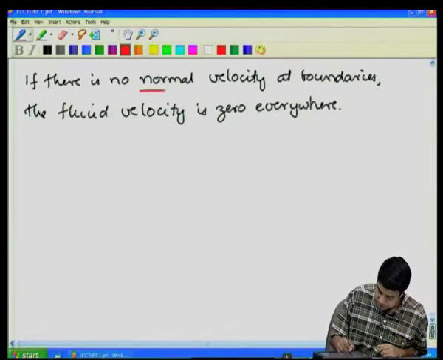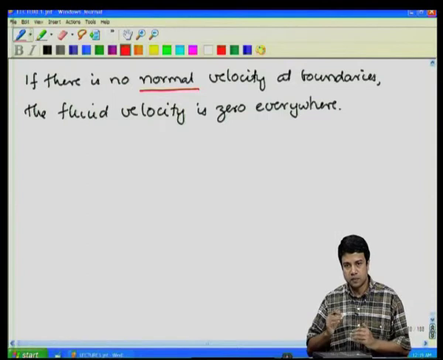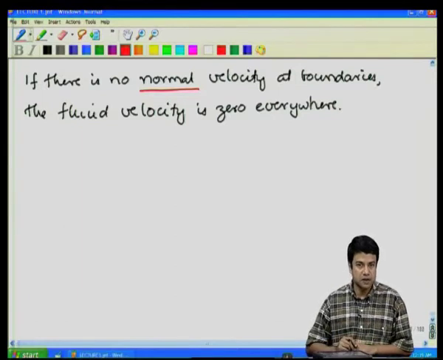I should emphasize that there is no normal velocity at the boundaries. So, if at all bounding surfaces the normal velocity is identically equal to 0, then the fluid velocity everywhere within the fluid has to be equal to 0.